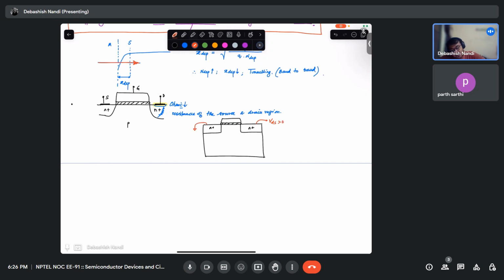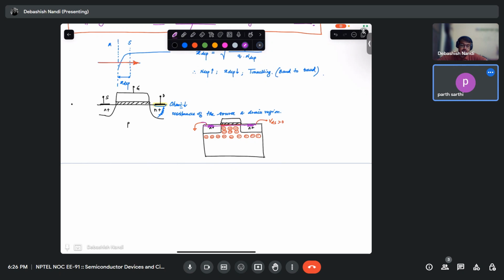So where will the current flow, from which direction to which direction? This is your channel, right? Now the current is flowing through this path and moving out of this. Now there is a resistance here. There is a resistance here.